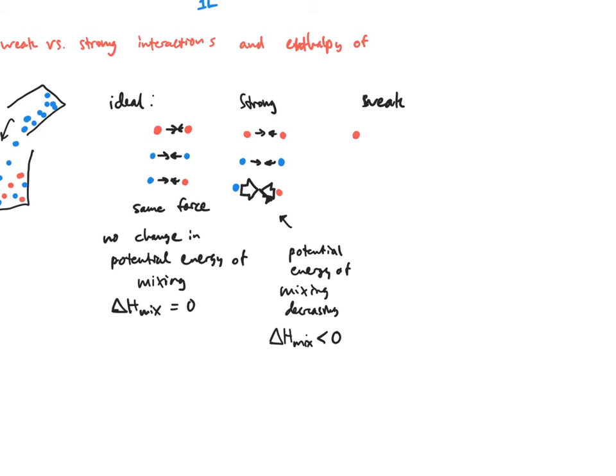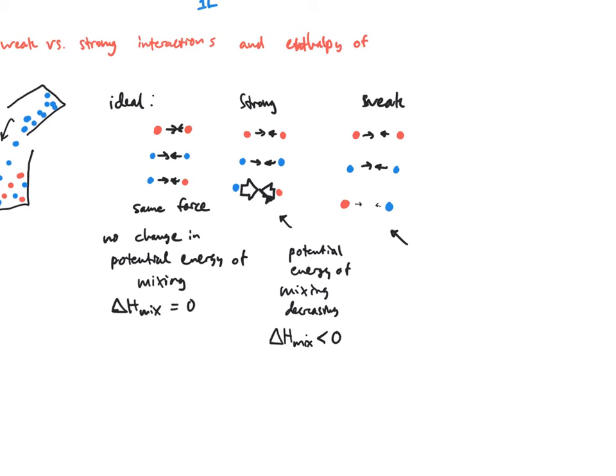Okay, the next situation is weak. So in weak energies of mixing, we again have our blue and red particles. They're attracted by a certain force, but then as soon as the red and the blue mix, they are going to be attracted with very, very weak little forces. So that actually means that mixing is going to be slightly energetically unfavorable.